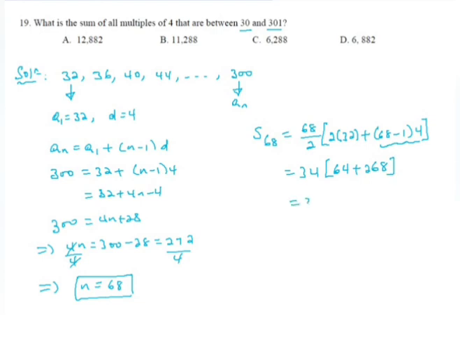So here it becomes 34 times 332. So the product of these two numbers will be 11,288. So the sum of all multiples of 4 between 30 and 301 is 11,288.